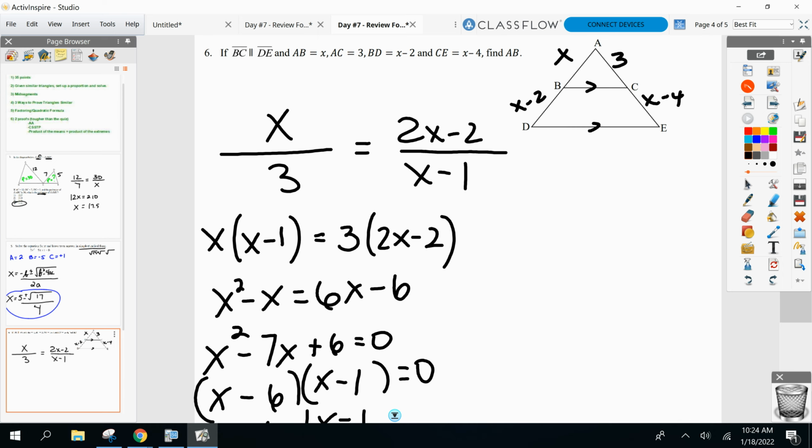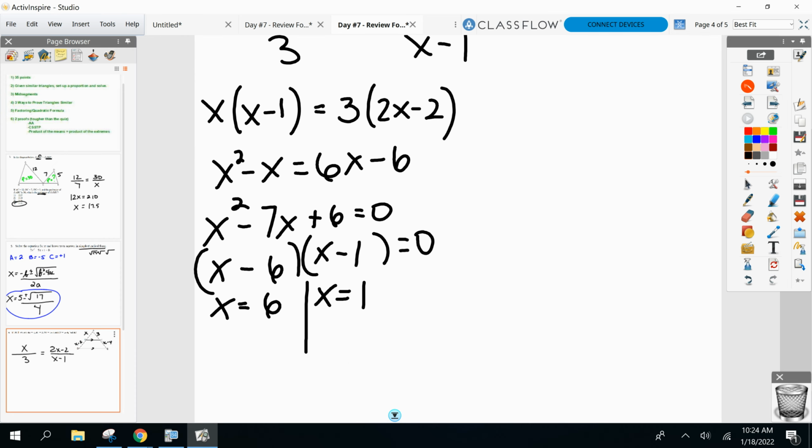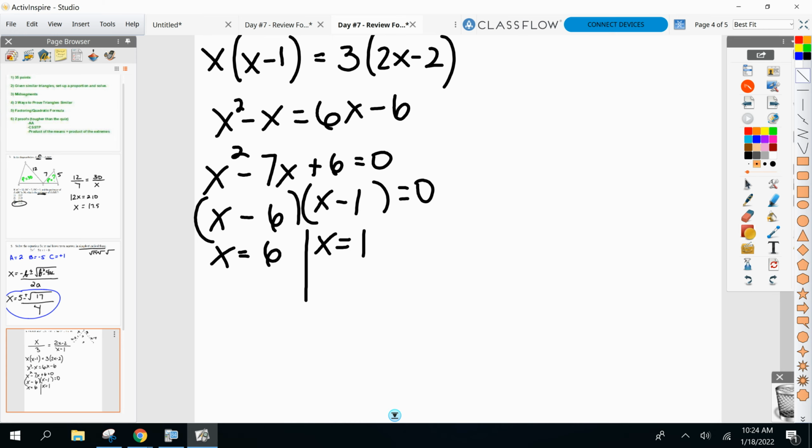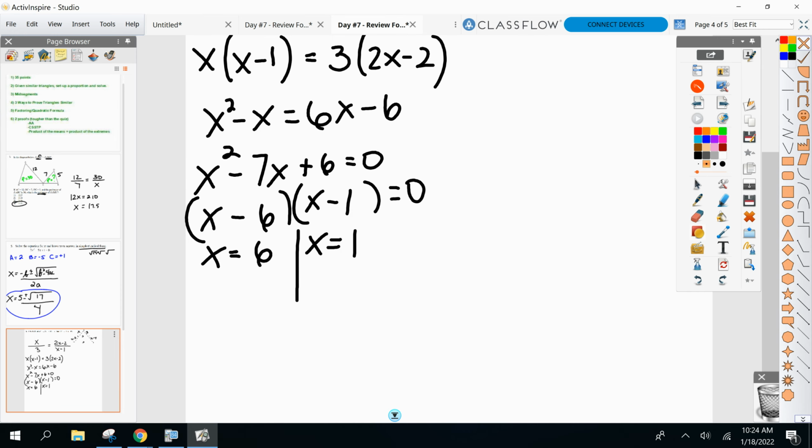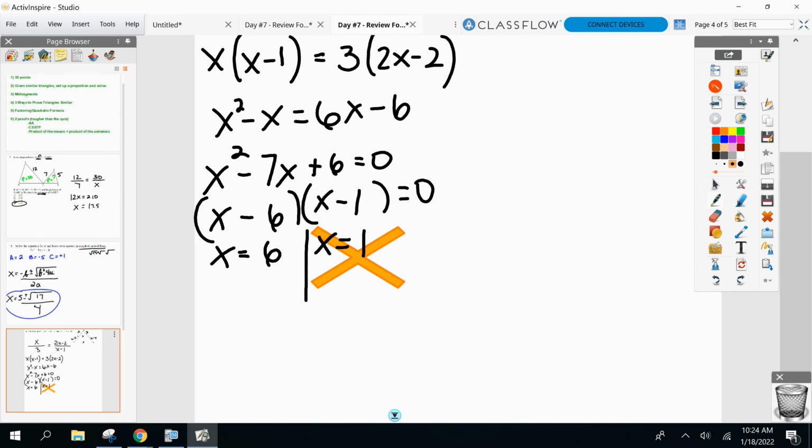Yeah, if you do 1 minus 2 or 1 minus 4, you're going to get a negative side. Can't happen. So even though it's positive, it's still going to get rejected because it gave me a negative sideline. So that's gone. And if you check 6 is fine. Gives me positive answers all along.